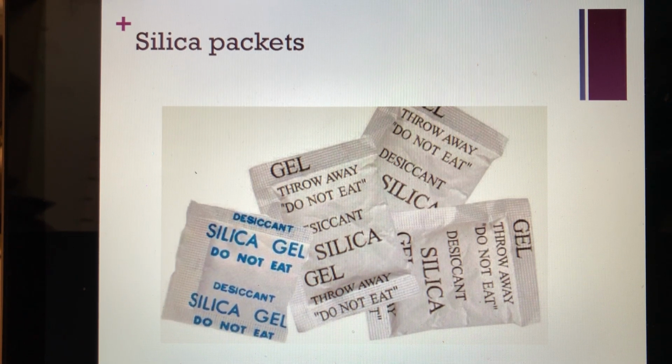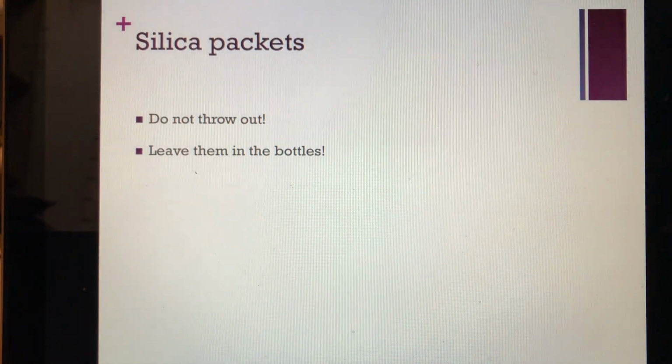So these need to stay in the pill vial until the pill vial is empty. If you have a bottle from the manufacturer and you're the first person to open it, that silica gel's right on top, don't throw it away. They need to stay in the bottle. Otherwise, the pills are going to start absorbing moisture from the air in your vet clinic. So those need to stay in the bottle until the bottle is empty, please.